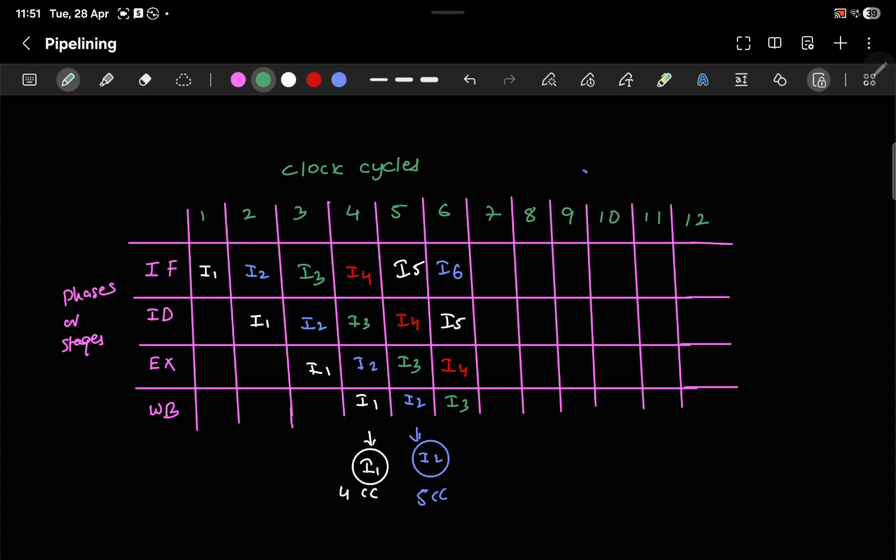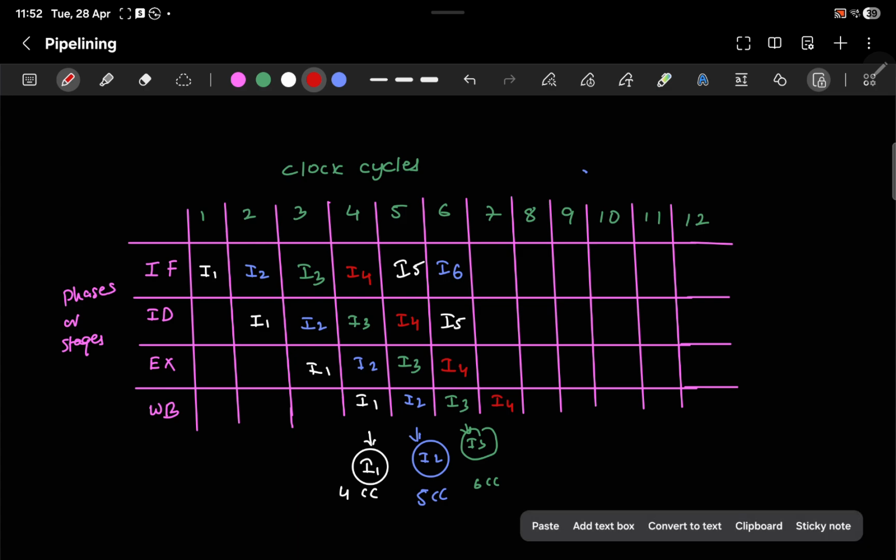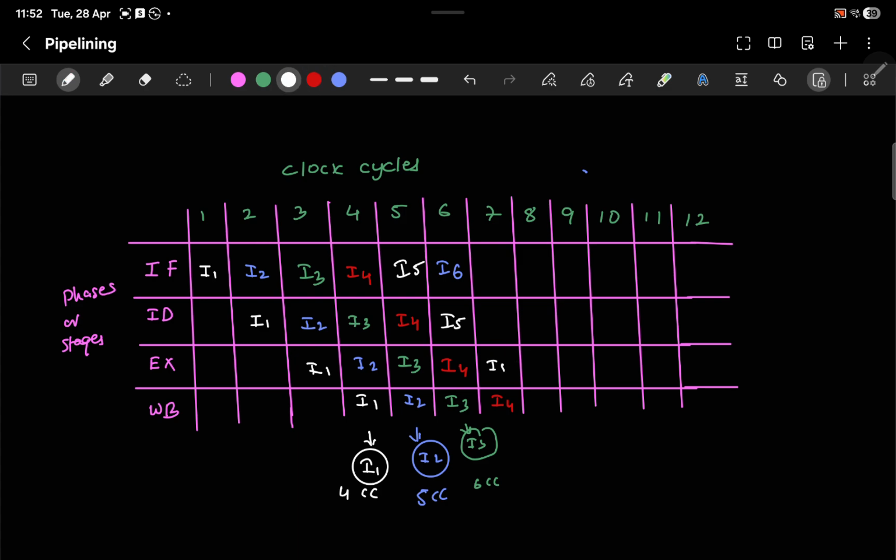So you can clearly see at the 6th clock cycle, I3 came out. For I3 to complete its execution, it had taken 6 clock cycles, right? I will do one more thing, you will understand, okay? Now you can see at the 7th clock cycle, I4 will move to the write back phase, I5 will move to the execution phase, and I6 will move to the decode phase.